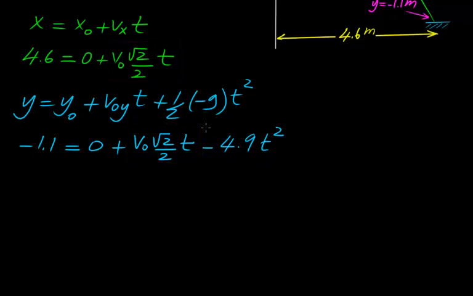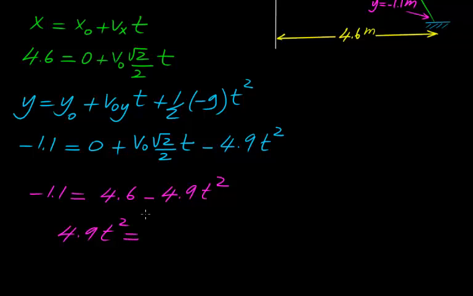As a result, this y equation is going to look like this. Negative 1.1 equals 4.6 minus 4.9 times t squared. Rearranging this equation by moving the negative 4.9 t squared to the left-hand side, it becomes positive 4.9 t squared.